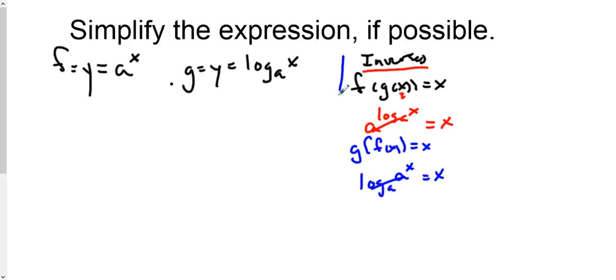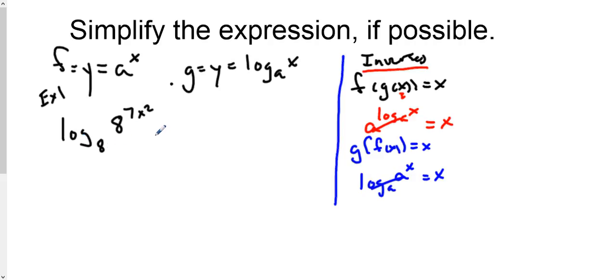So what I want to do is show you some different problems where we're using this inverse property to simplify expressions. Example number one: log base 8 of 8 to the 7x squared.